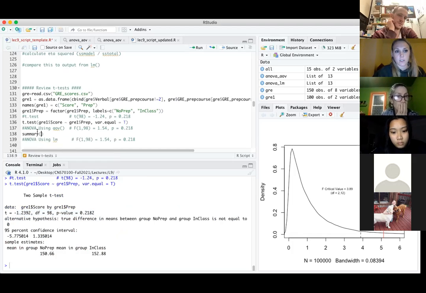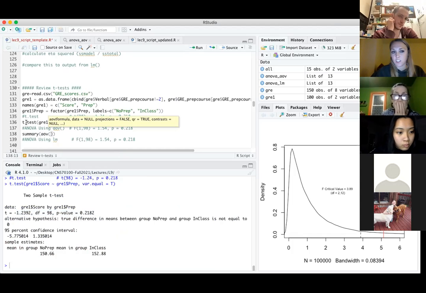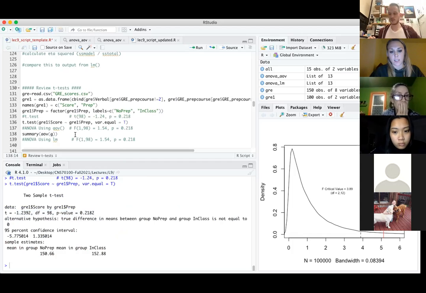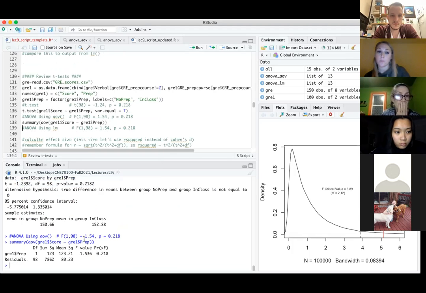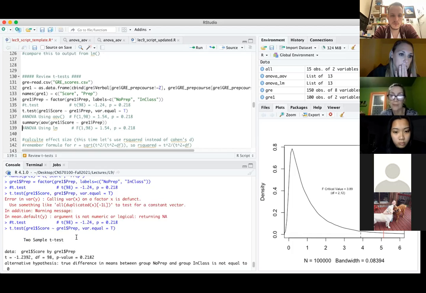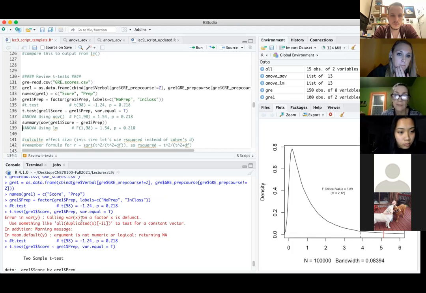But remember, if I do this in ANOVA, so let's just use the base R aov function, and I do the exact same thing. GRE1 score, prep. So you know the warning message that you got earlier, the error in var y calling var x and factor x is defunct?